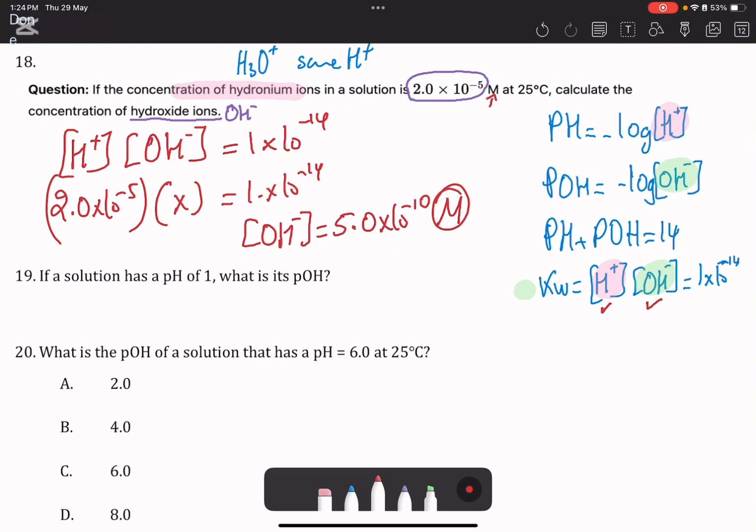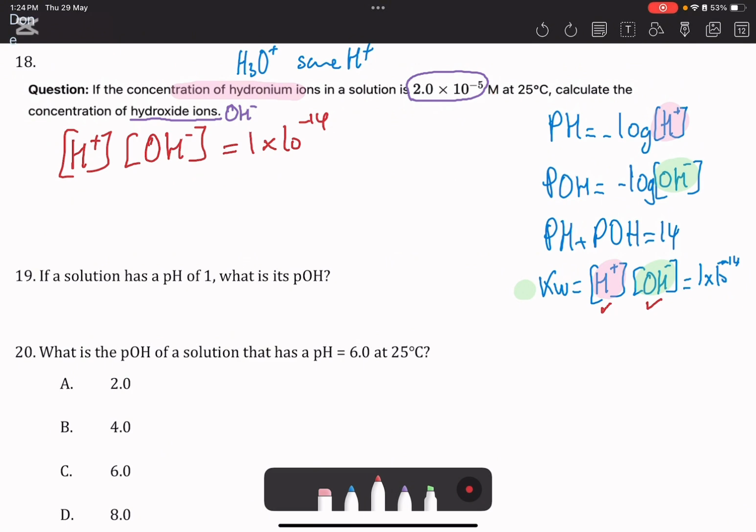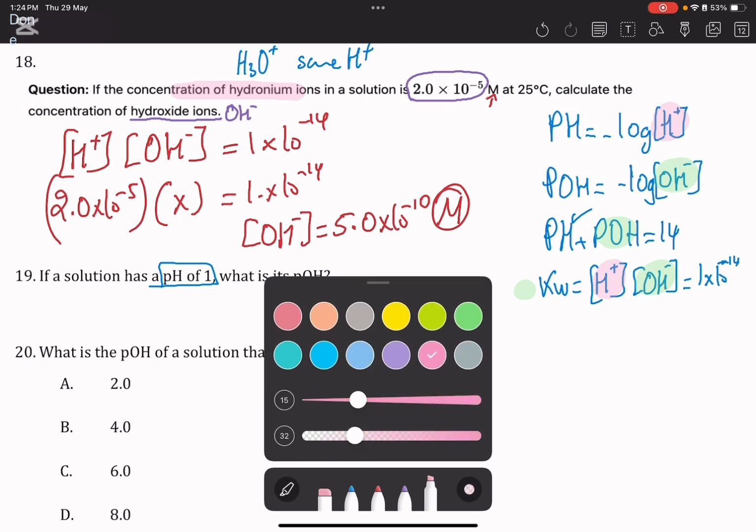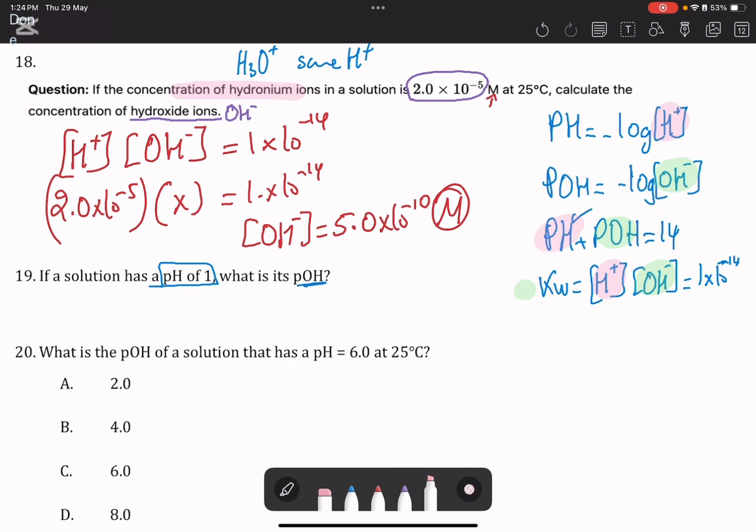Now, if a solution has a pH of 1, the pH is given and they want the pOH. So I can use the formula pH plus pOH equals 14.